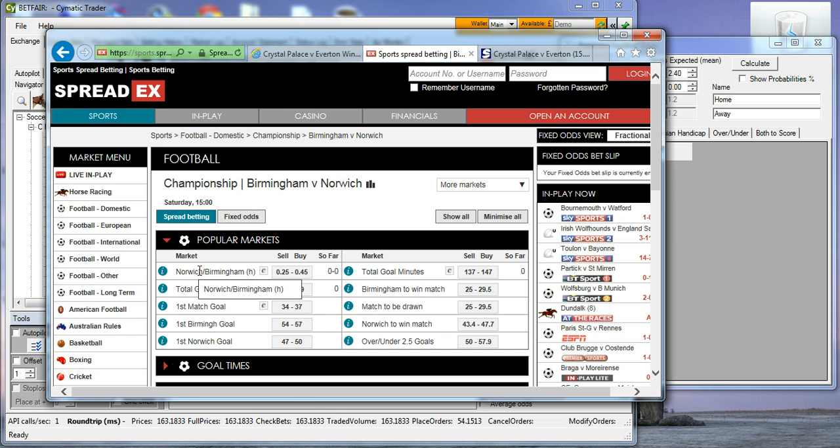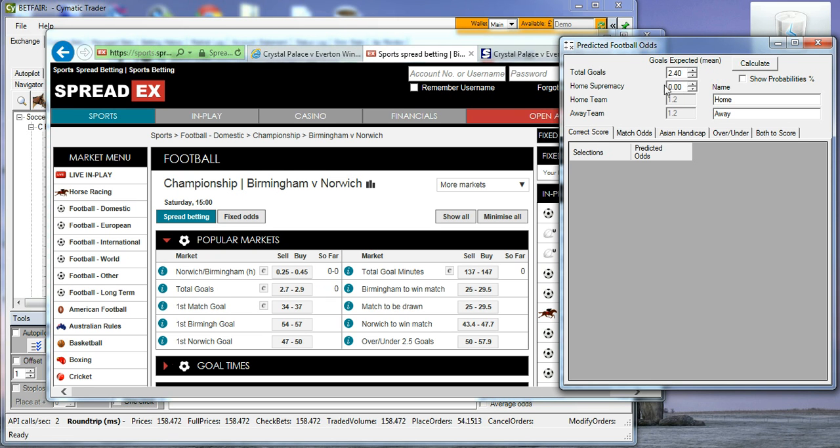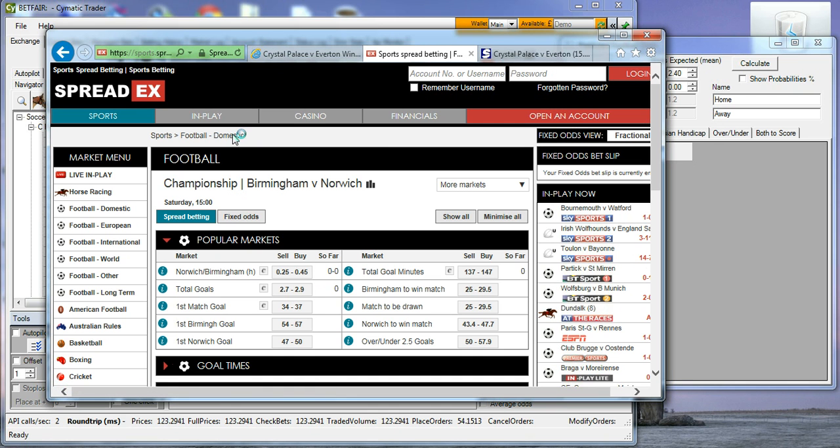So Norwich, the away team, has supremacy, and the mid value there is 0.35. So if we were doing Birmingham versus Norwich, we would put minus 0.35 in the box in the football odds predictor.